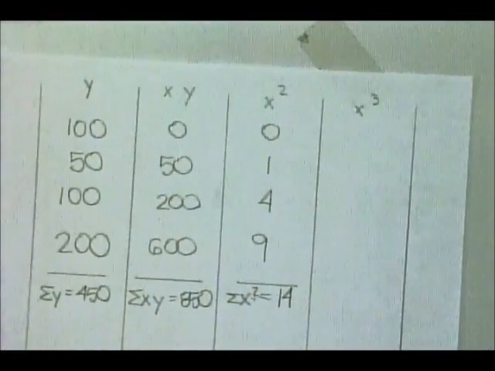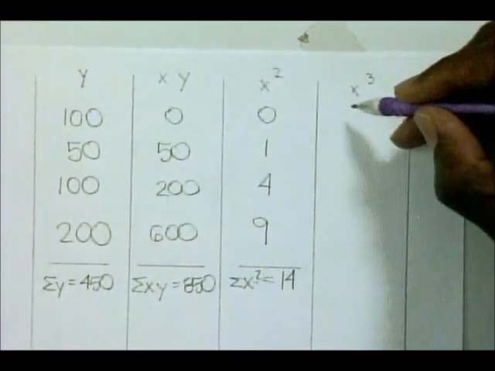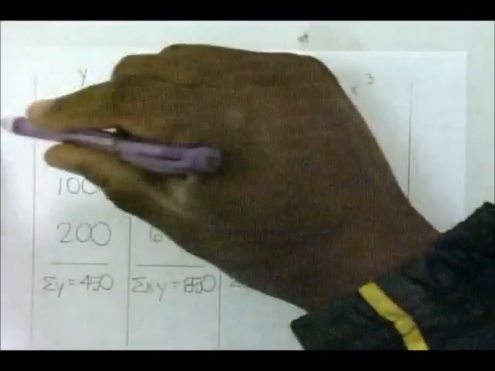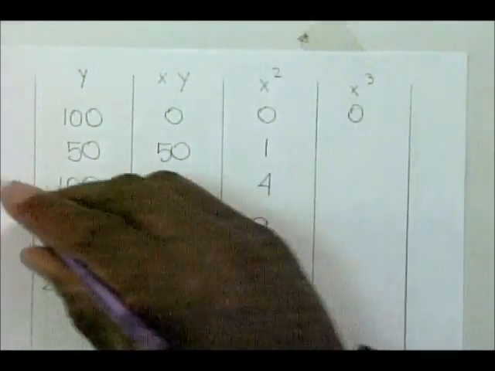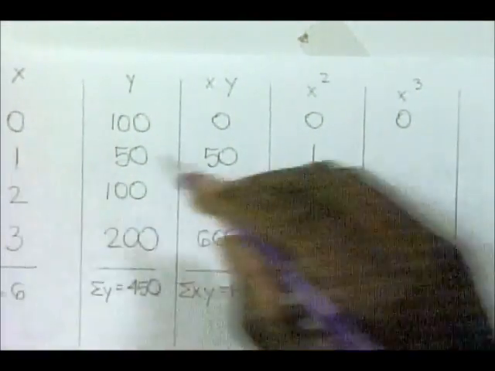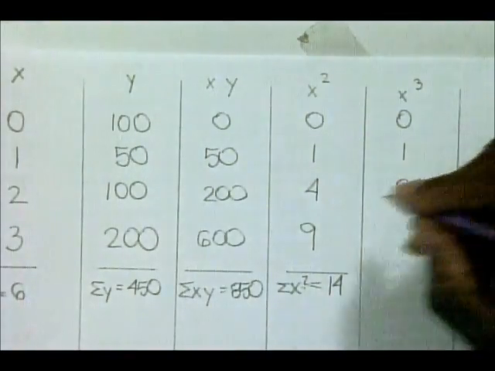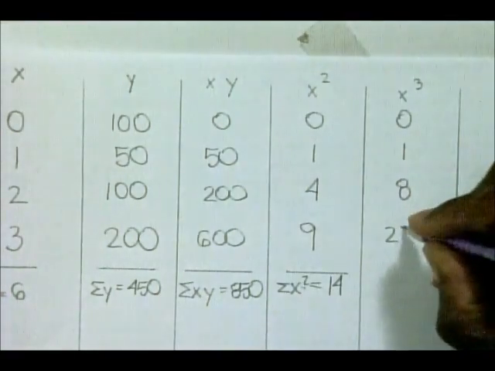Summation of x cubed, all right, we hadn't figured that out yet because we didn't need it for the linear regression line, the other regression line that we just did. 0 cubed, that's 0. 1 cubed, that's 1. 2 cubed, that's 8. 3 cubed, that's 27.